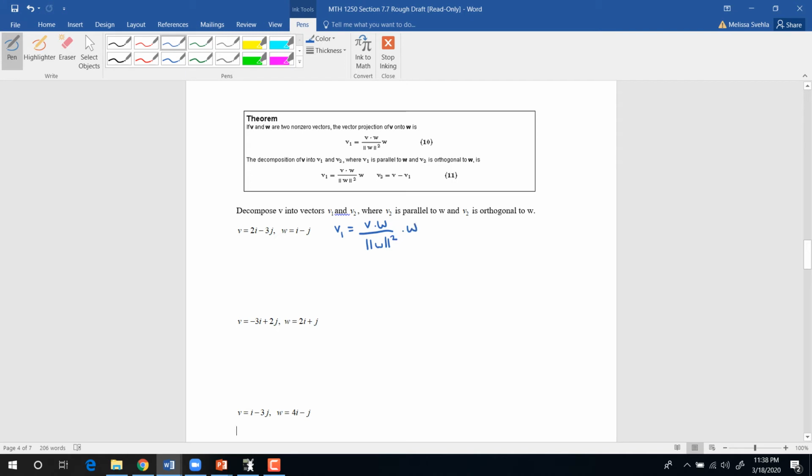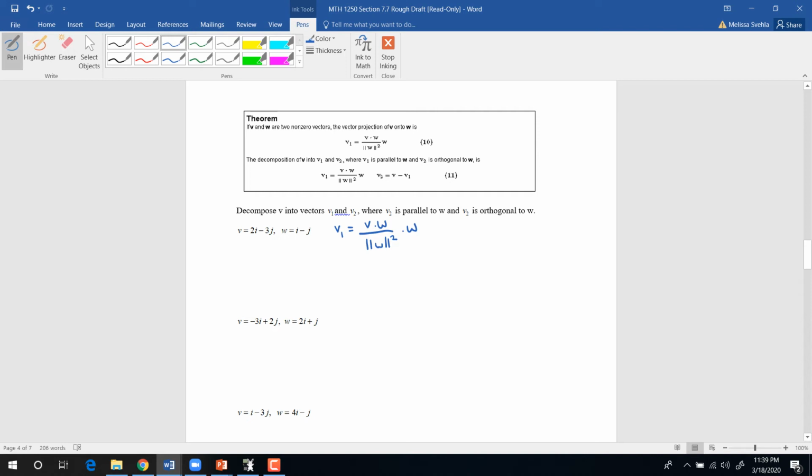Now your result is you're actually going to have two vectors, so obviously each should be something i plus something j. If you're doing projection of v onto w, we'll just have to follow this formula. You're essentially doing a dot product over the magnitude squared, and then you're projecting it onto the original.